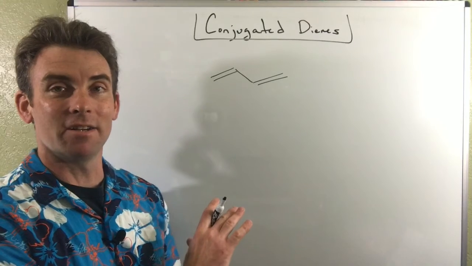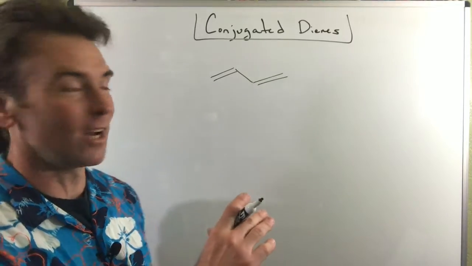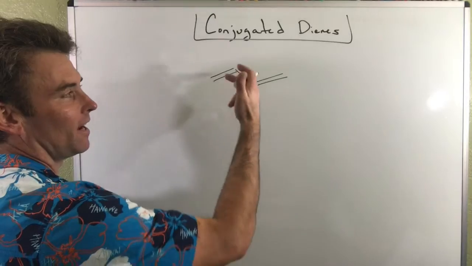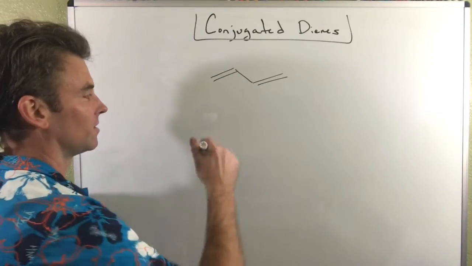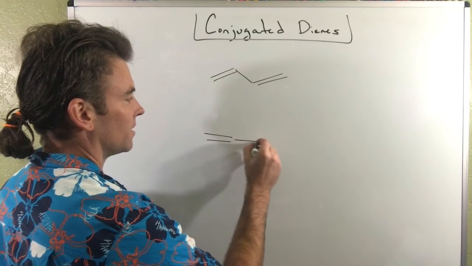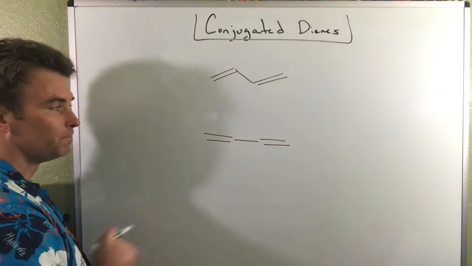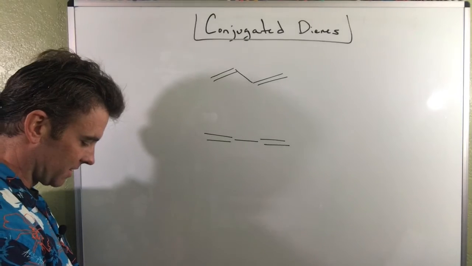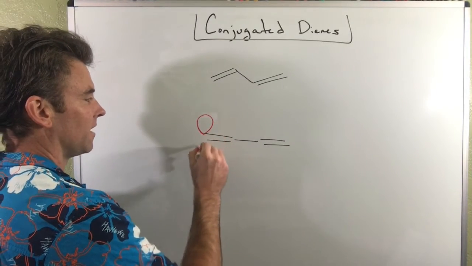I'm going to try to draw it as a picture, and it's probably going to get ugly here. But if you imagine rotating this thing perpendicular to the plane of the blackboard, so that we are looking straight on at this conjugated system, you'll remember that we have these pi orbitals, and I'll draw them in red here.